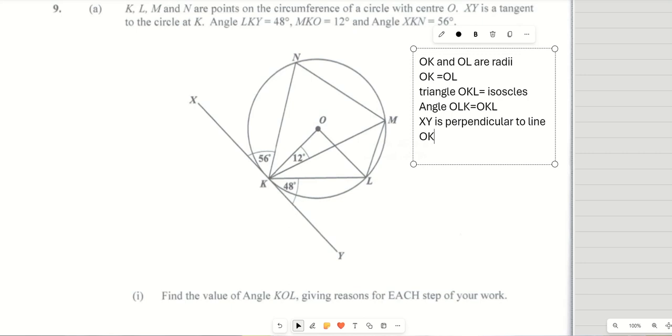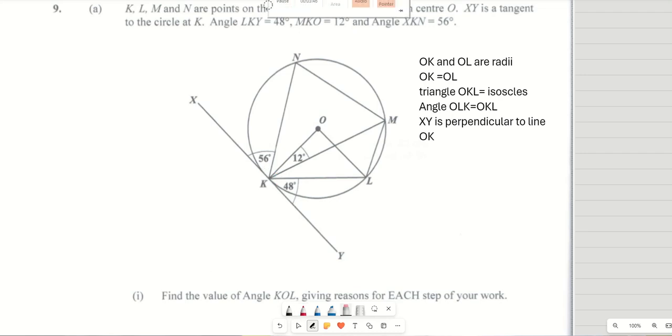In other words, they're perpendicular to each other. So if we were to show that, line XY is perpendicular to line OK, means that this angle here is 90 degrees, and this angle here is also 90 degrees. As I was saying, this here would be 90 and this here would be 90 as well.